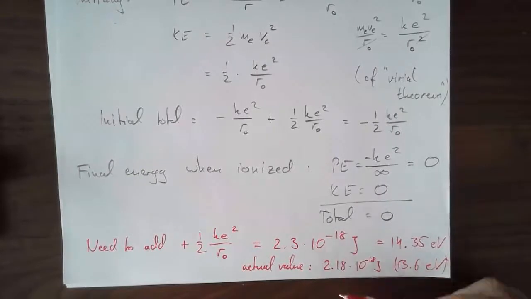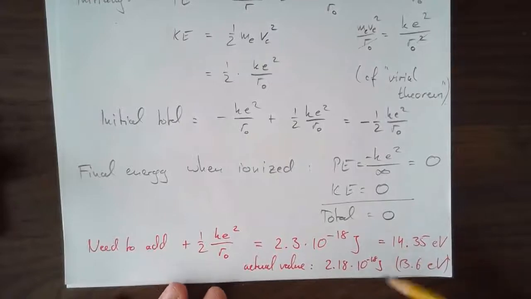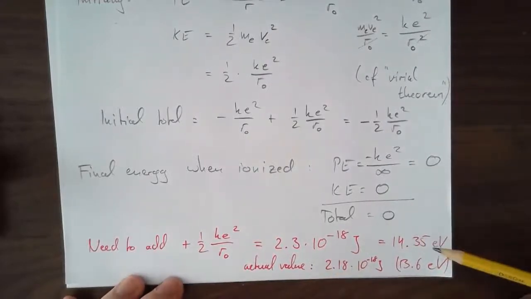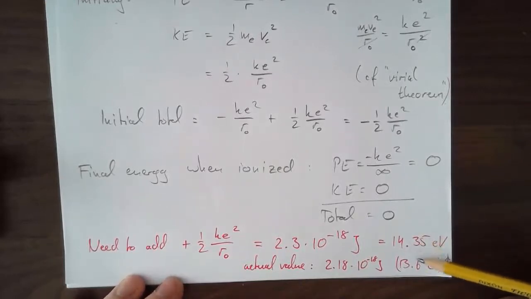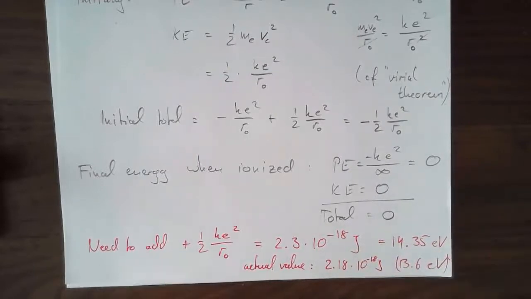So we're not exactly there. Our calculation involving just the classical physics, forces, energy, electrostatic interactions, isn't exact because we didn't take into account the fact that really we should be doing the calculation using quantum mechanics. But we actually got really close, within like 5% or so of the actual value.